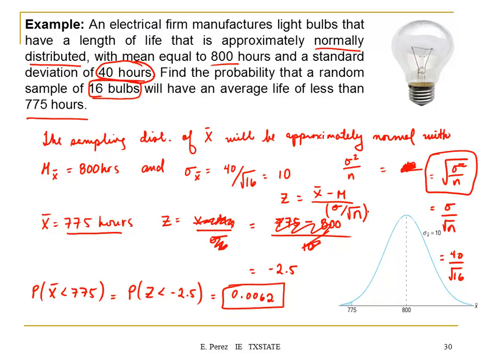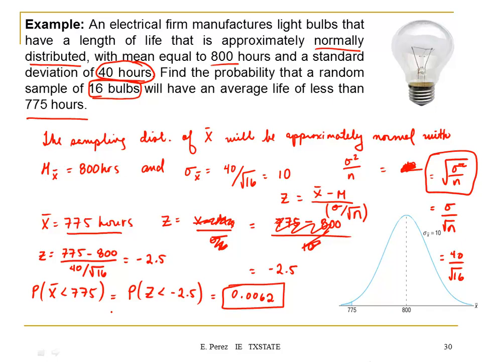So if we solve this, z is equal to 775 minus 800 divided by 40 over the square root of 16, and this is equal to minus 2.5. So this is the probability of z being less than negative 2.5.